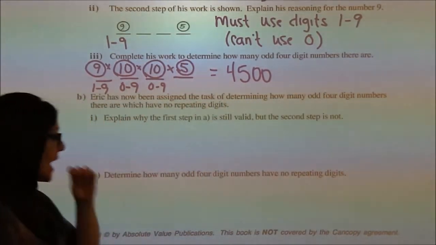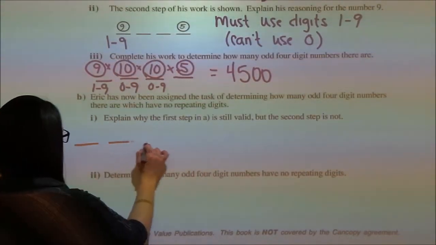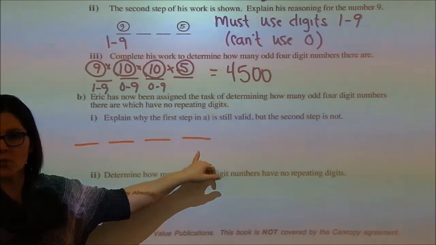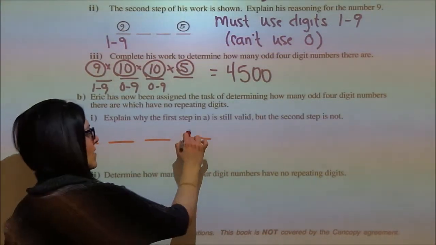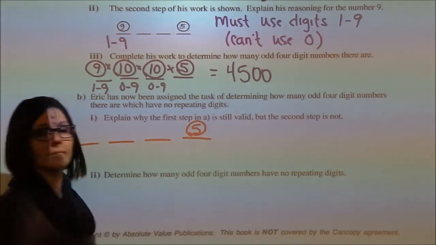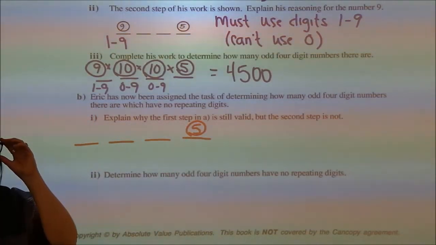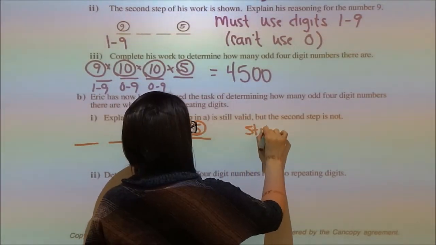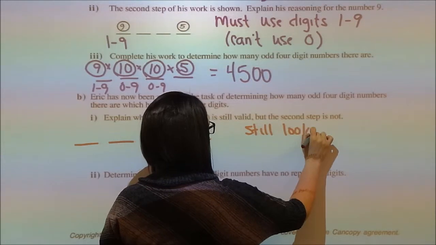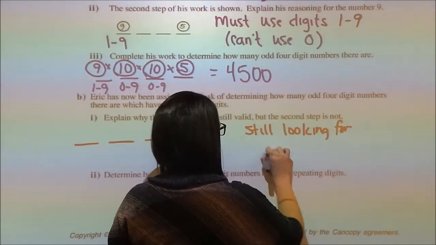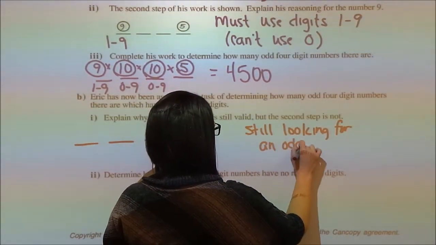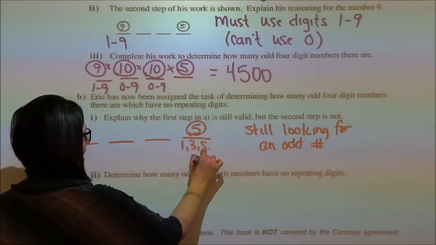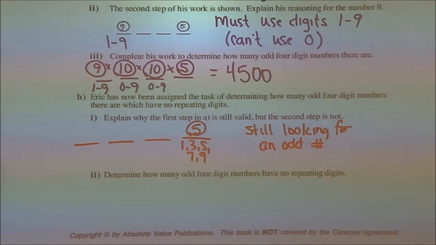So if I look at his first step, why is it still valid to start with this first step? To say that there's still 5 choices here. Still looking for an odd number. So I still have the choices of 1, 3, 5, 7, or 9.